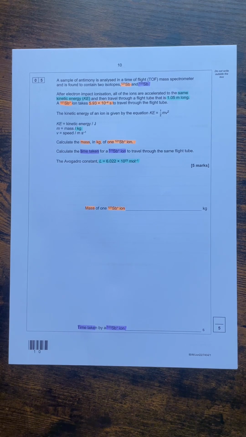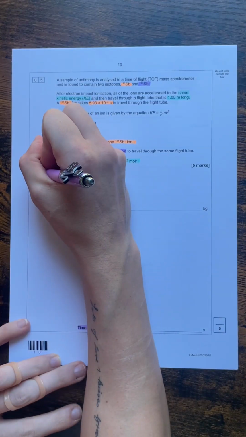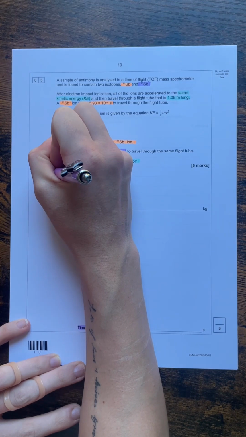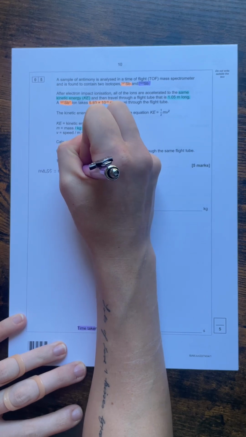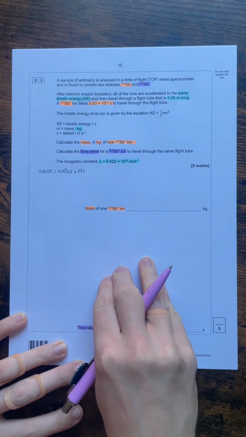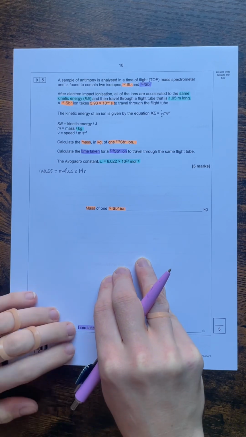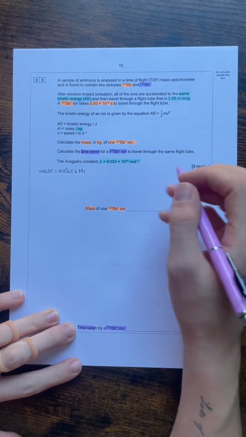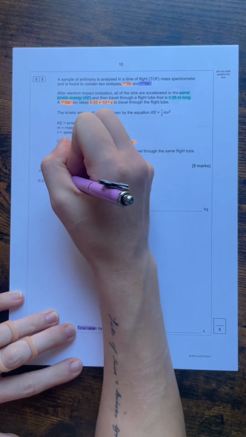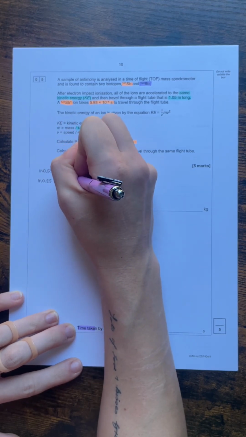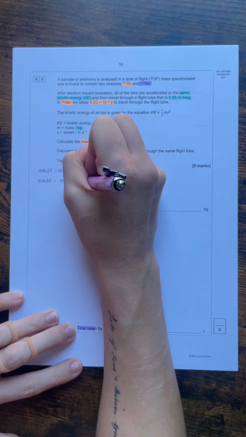So, starting with the mass of the 121 antimony ion, anytime we're working out the mass in these questions, mass, as we know, is equal to moles times the Mr. Now we don't have the moles, but there is another way that we can work out moles, which we're going to substitute into this equation, and that is to use the equation that moles is equal to the number of particles divided by Avogadro's constant.